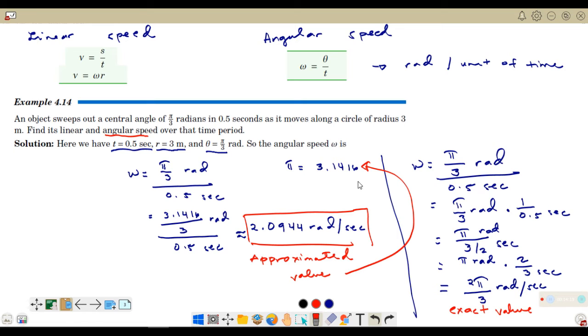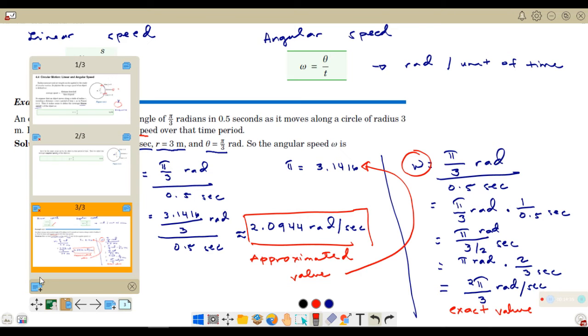Since we already have the value for omega, we can now use the second formula, omega times R, to solve for the linear speed. Duplicate natin tong page na to.